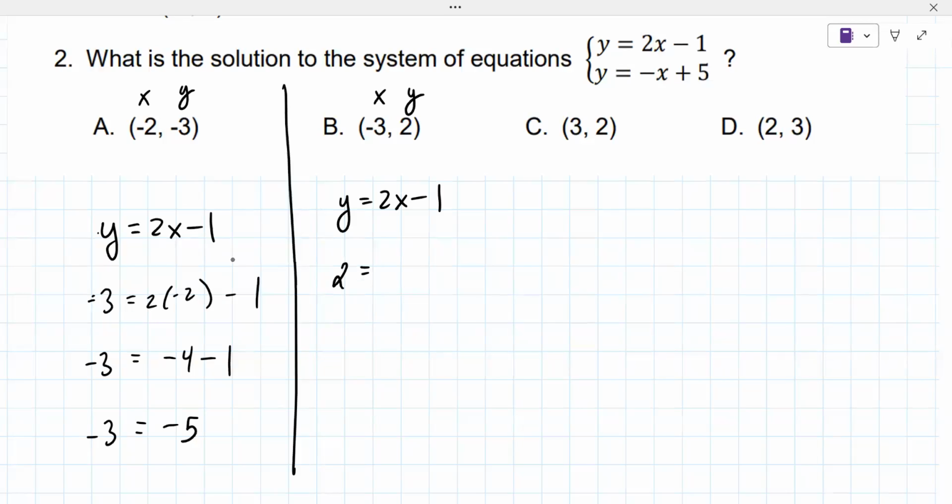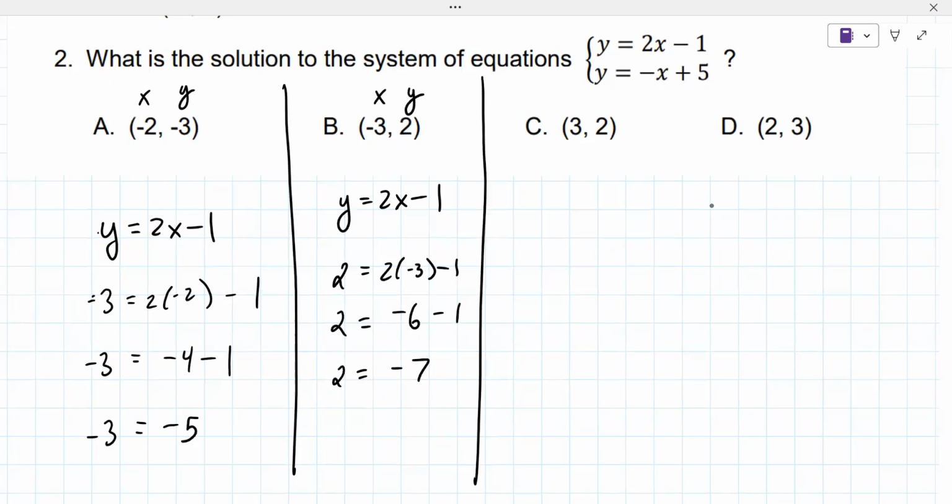So is 2 equal to 2 times -3 minus 1? What is 2 times -3? -6. -6 minus 1 is -7. Are those the same?